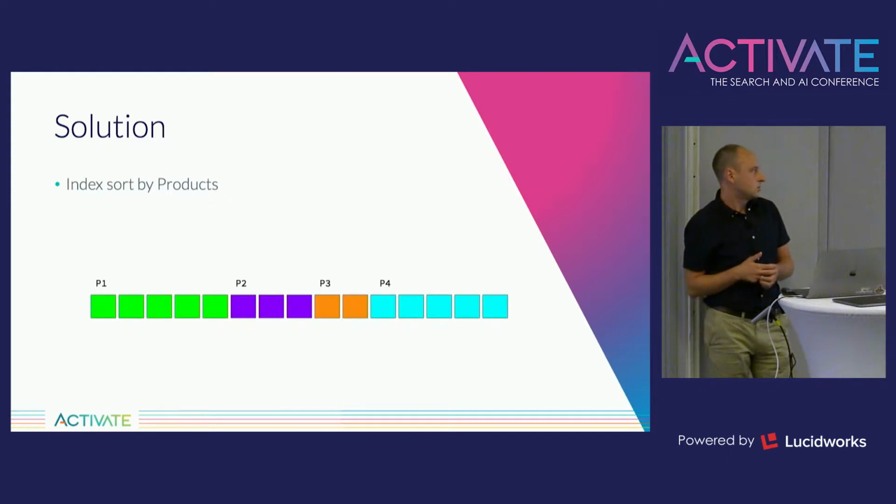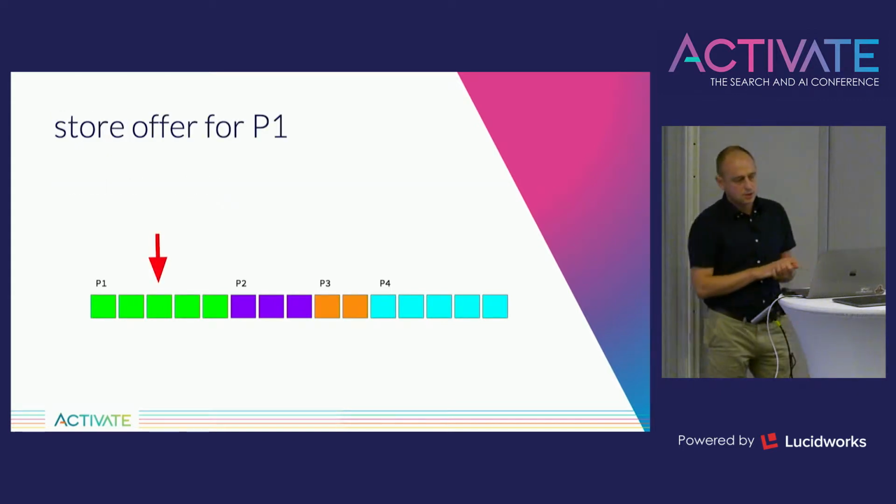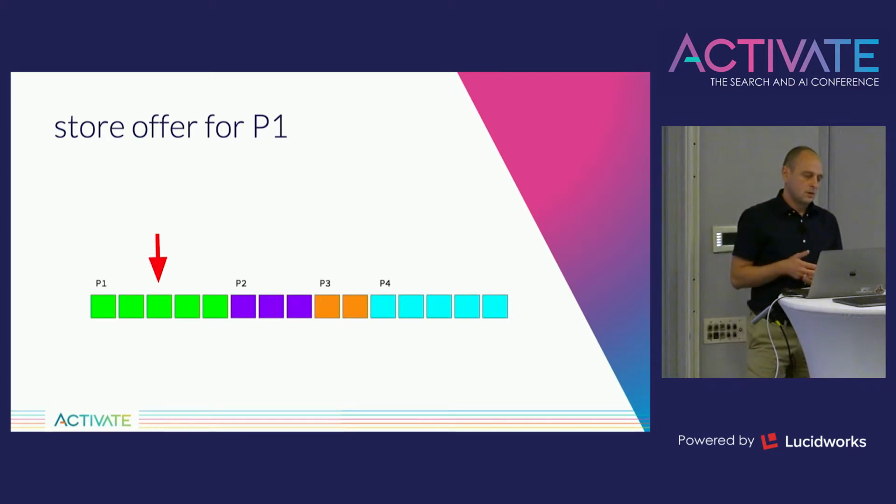We based our solution on sorting the index by product. As a result, on every segment, offers of the same product were laying next to each other, and as our collapser works, it first has to collect a document that is an offer, and check whether this is an offer of a new product or the same product as the previous document.